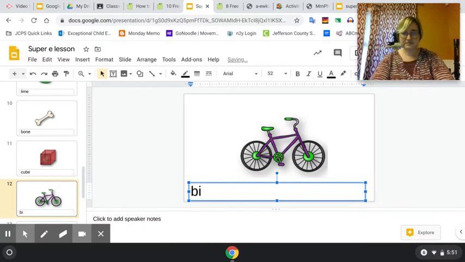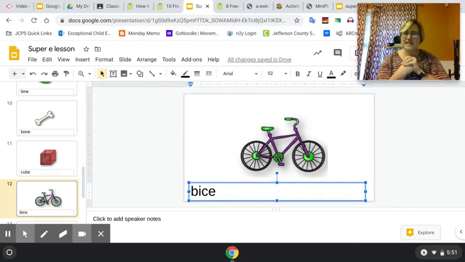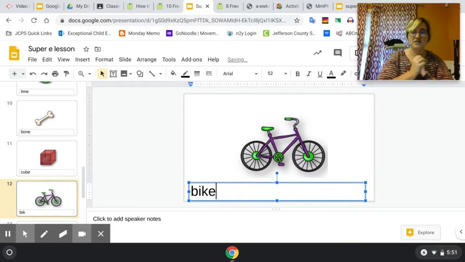Well, let's try a C. B-I-C. But I know that this is a super E word, so it's going to have an E at the end. Now, what did I say if there was a C there? It made it say the S sound. So I don't think that's right. That's bice, and bice isn't even really a word. Try again. What else makes the K sound? The K. And don't forget our super E.